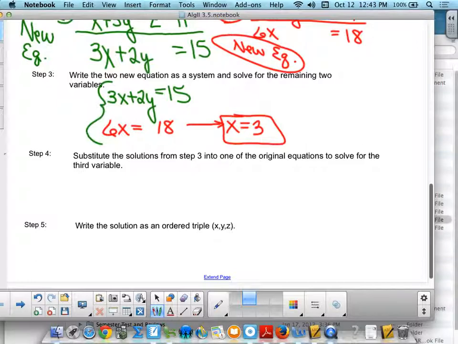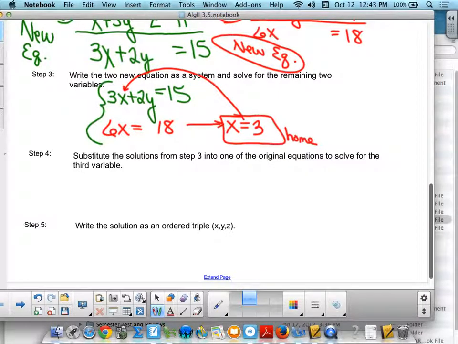Do you remember me circling this back 2 weeks ago? I'd call it home. You're coming back home to get your x value. I don't even have to come back home because I already know x is 3. Well, how do you get the other value, y? Substitution says plug it in.